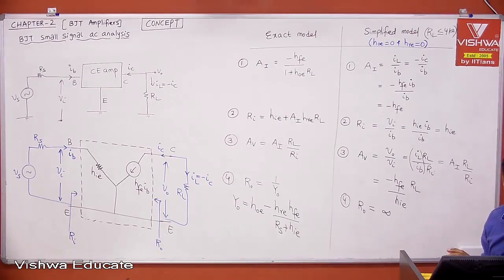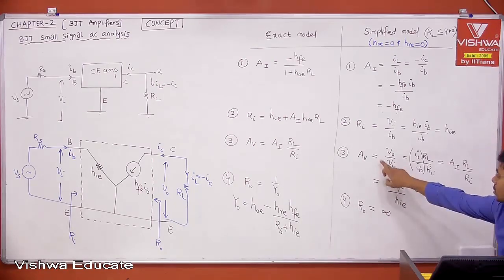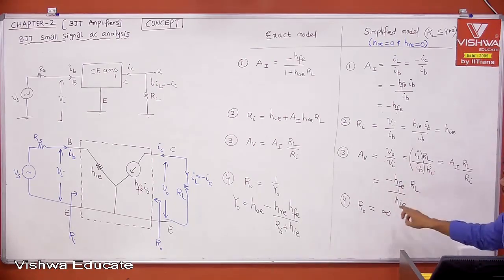No need to bother about impedance matching. We only need to bother about power gain; ultimately we are looking for voltage gain from a voltage amplifier, but it has to support power gain also. Therefore, this is what we are looking for. You can take this.